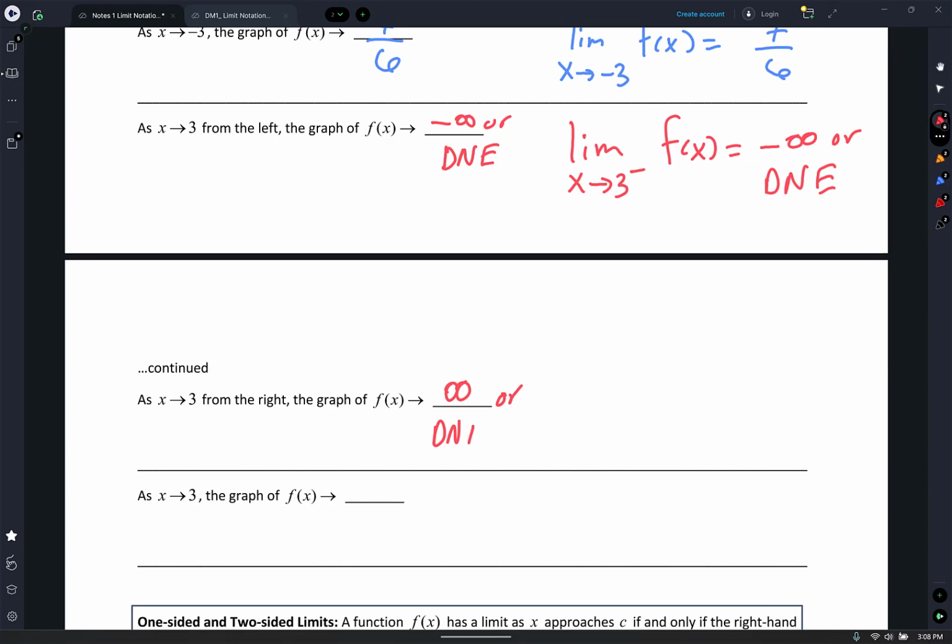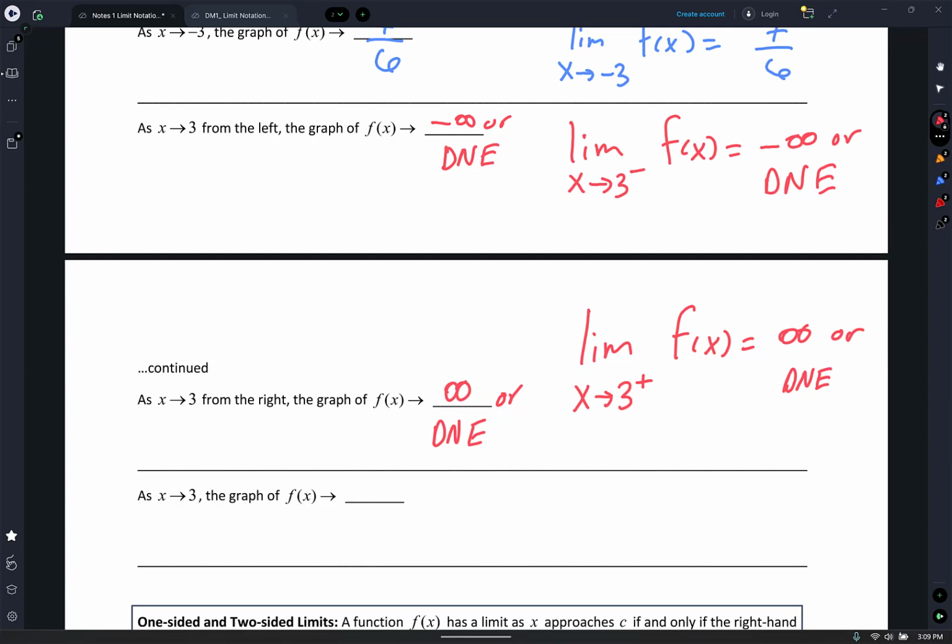If it's a multiple choice exam, you will never see both answers. It'll be one or the other. How do you write it? Limit as x approaches 3 from the right-hand side. You put a plus symbol in the upper right-hand corner of 3, f of x equals positive infinity or DNE.